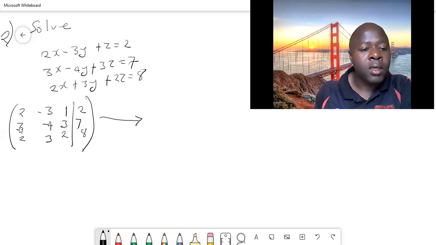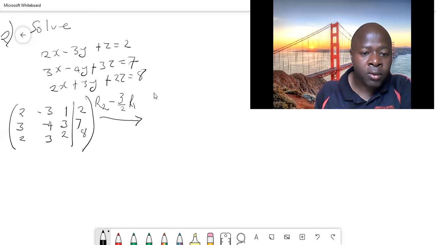So for me to create a 0 in this position, I want to use this element. I'll multiply this element by 3 over 2. If I multiply this one by 3 over 2, I would have 3. Subtract from this. We are doing it for the entire row. So we are multiplying row 1 by 3 over 2 and subtracting the result from row 2.